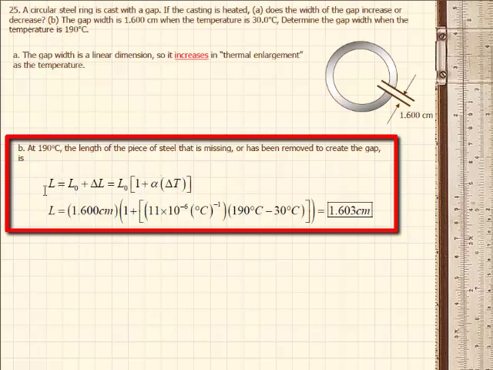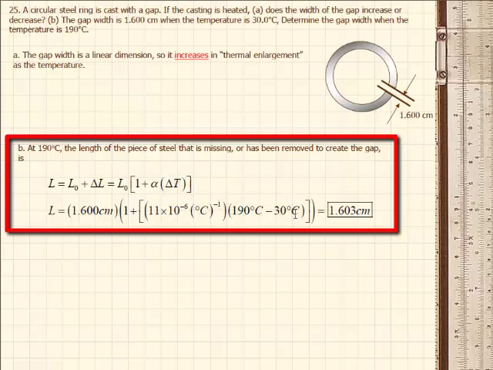So in this case, we have an initial length of 1.6 centimeters, and we include all of our values here. We have the coefficient alpha for steel. That value is 11 times 10 to the minus 6 per degree Celsius.